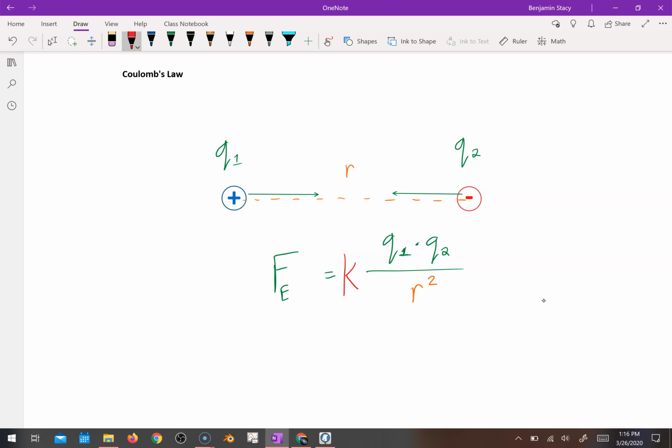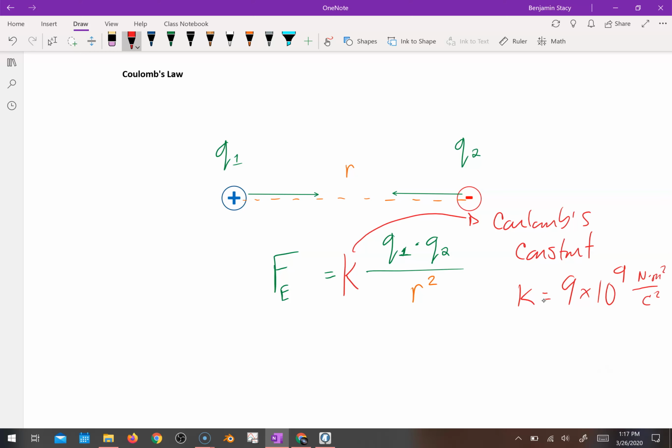That ratio is a constant k, which is called Coulomb's constant, which is approximately equal to 9 times 10 to the 9 newton meters squared per coulomb squared.